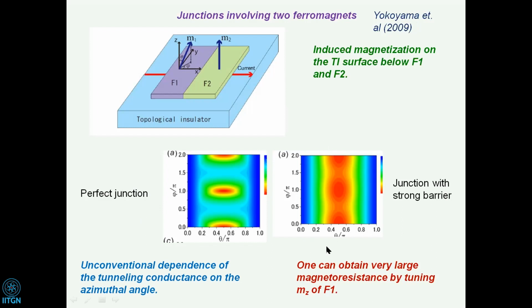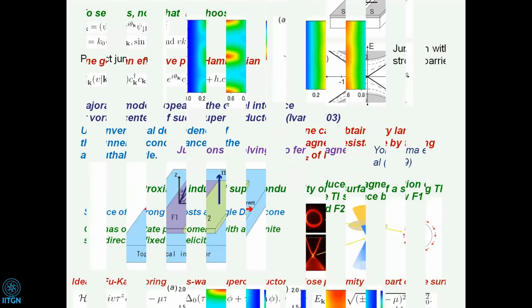Also, it turns out that the magnetoresistance could be very, very large, much larger than in standard materials, which was one of the things that they pointed out in this paper. So the bottom line is that we could induce magnetization on Dirac electrons on the surface of a topological insulator, and that gives you a few unconventional features for magnetization. I'm going to come back to these unconventional features in a few slides, but let me just go over.